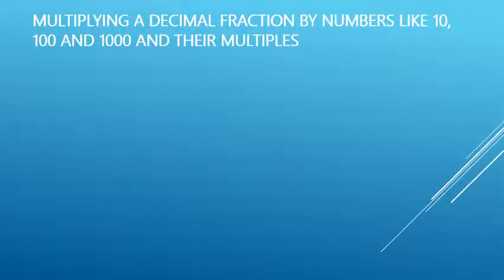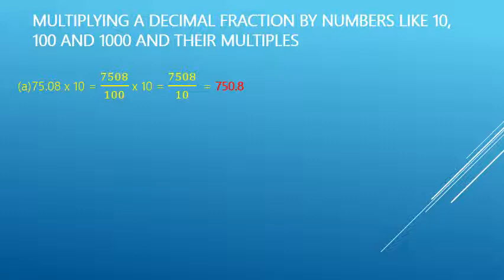Now children, let us understand how to multiply a decimal fraction by numbers like 10, 100 and 1000 and their multiples. Let us understand this with the help of examples. When we multiply 75.08 by 10, what do we do?